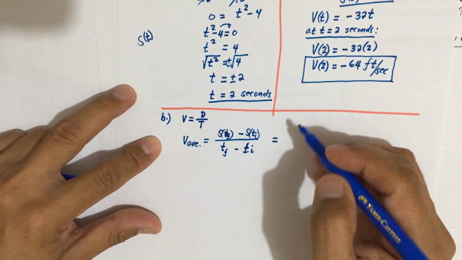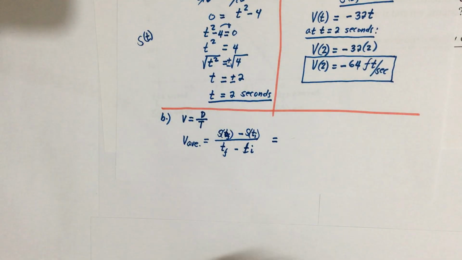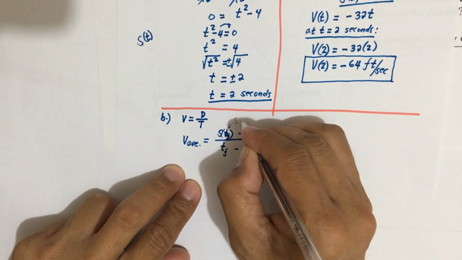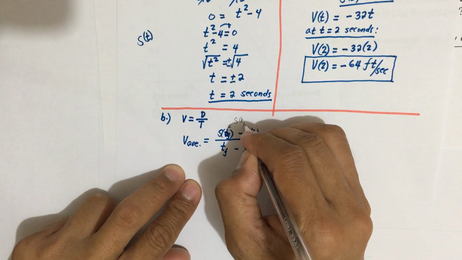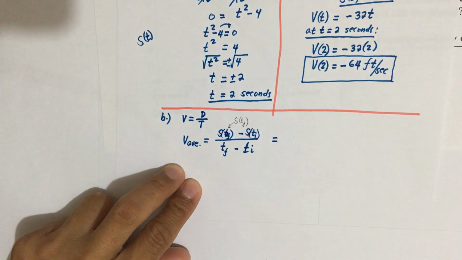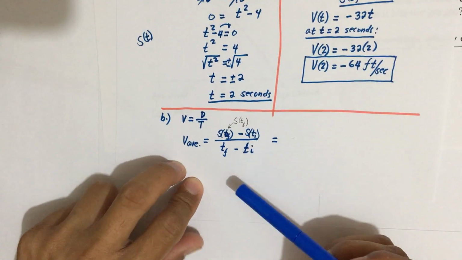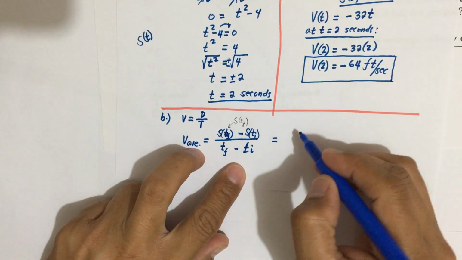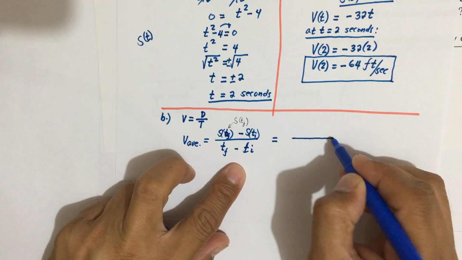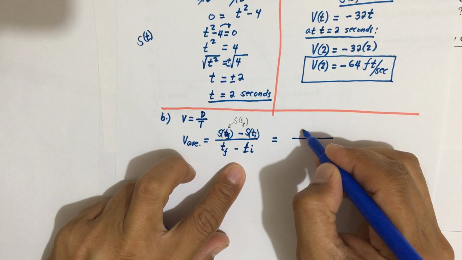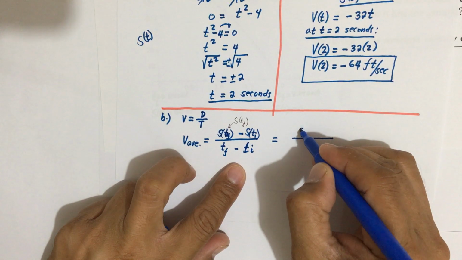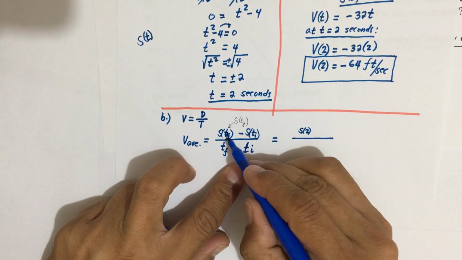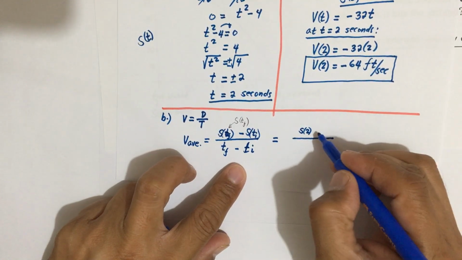So what does it mean, s of tf? Sorry class, this is s sub t, then f. So what is our s sub tf? This is s sub 2, because our final time is 2 seconds.